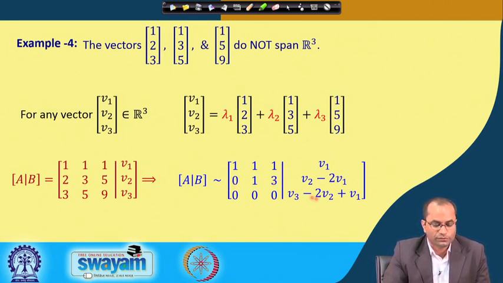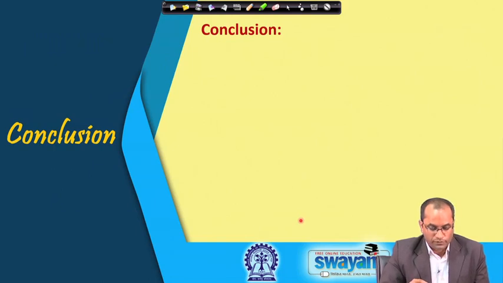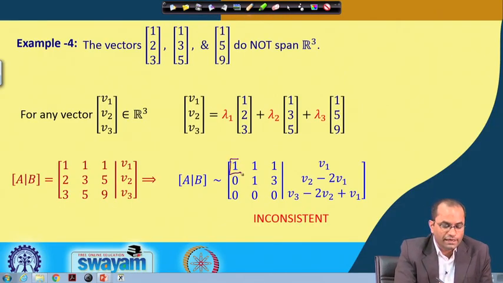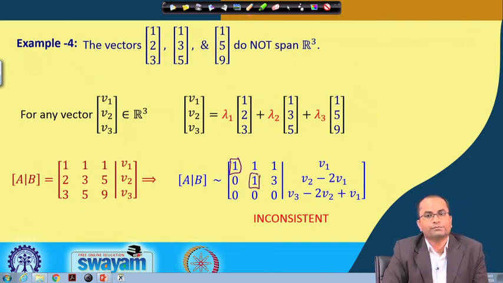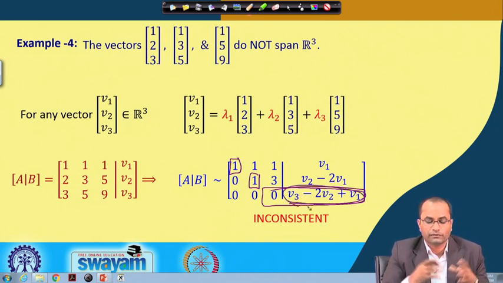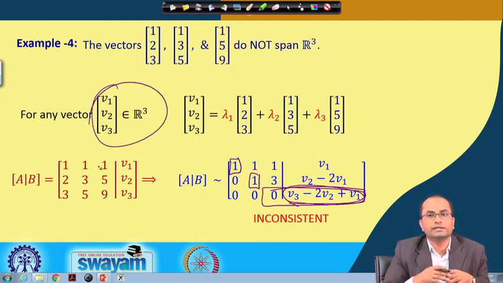So, this is the row reduced echelon form which we got here: 1 1 0, 0 1 3 and 0 0 0. Now what do we observe in this case? Here we have a pivot, here also we have a pivot, and thus, forget about the pivot, we have the inconsistency here. Why inconsistency? Because this v1, v2, v3 can be any real number, since our vector here is from R3 and it is any arbitrary vector from R3.